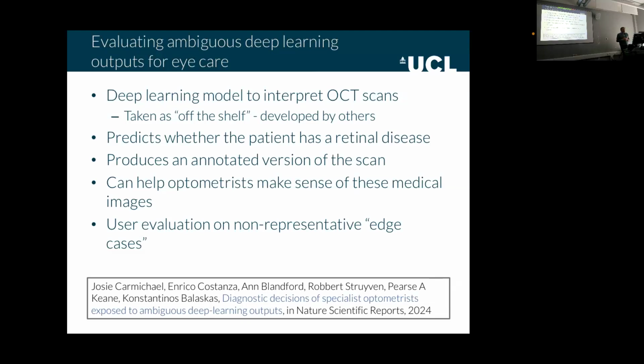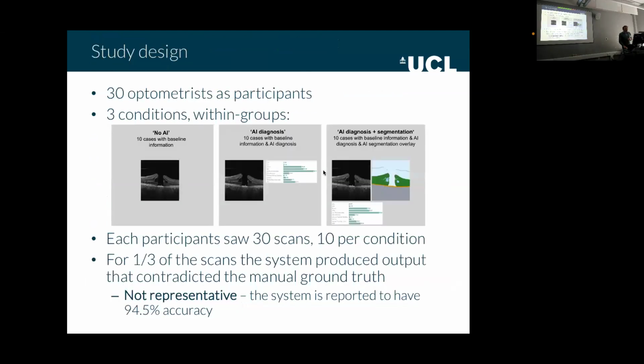So to test whether this was the case and the effect of visualizations, we ran a study where 30 optometrists participated, and the study had 3 conditions. This was a within groups study. In one condition, participants saw 10 scans without any AI information.